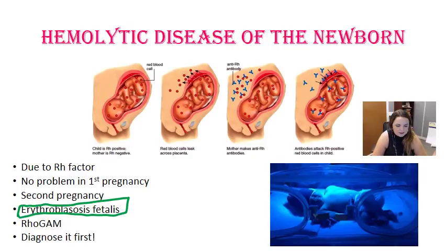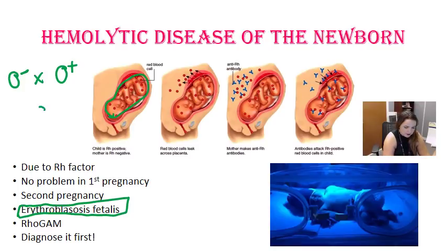In this case, what happens is a mom who is Rh negative, so let's say an O negative mom, has a baby with somebody who, let's just keep it simple, is O positive, all right? That means the fetus is going to be O positive. So during the first pregnancy, this is probably not a problem.